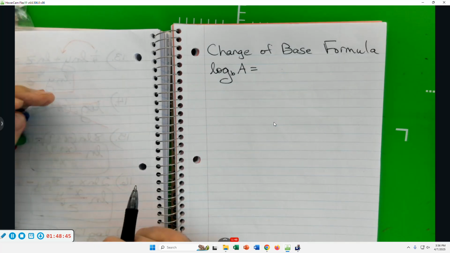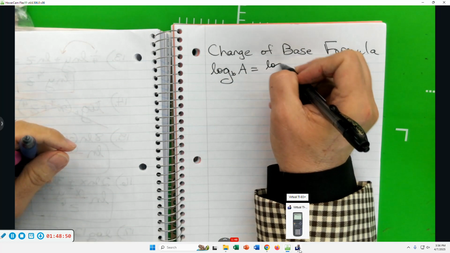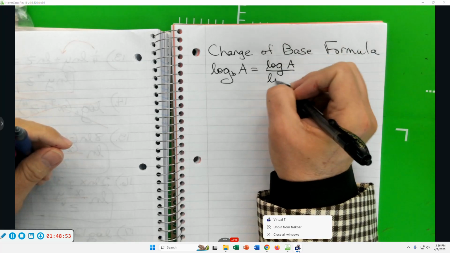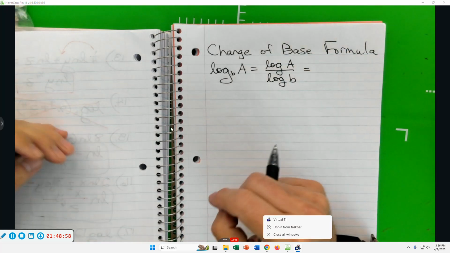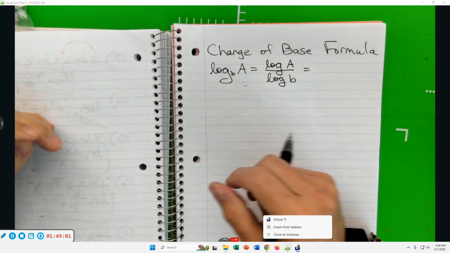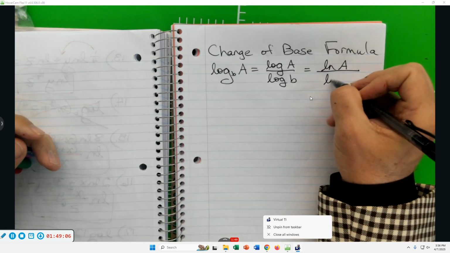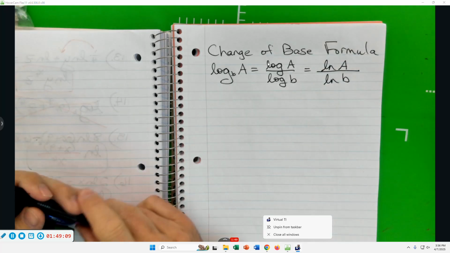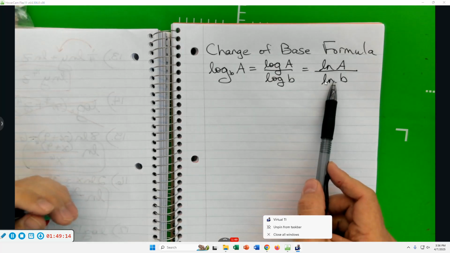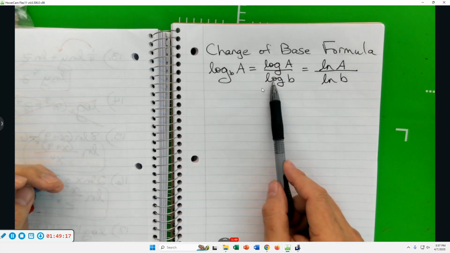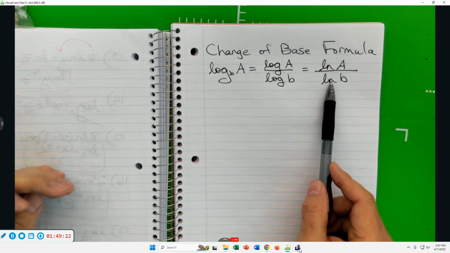But if you're using your calculator, you only have 2 choices: either the common log of A divided by the common log of B, or, and we haven't done that much with ln, but that's my preferred logarithm, the natural log of A divided by the natural log of B. Don't mix them. You can't decide to use a log on top and an ln on bottom. You either use log on top and log on bottom, or ln on top and ln on bottom.